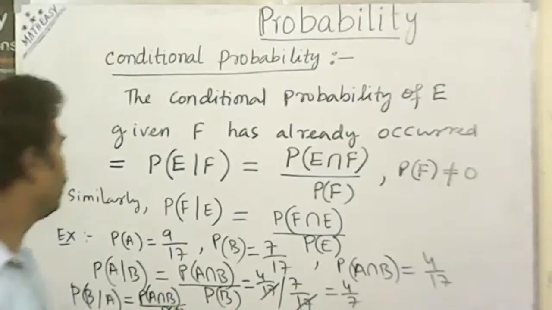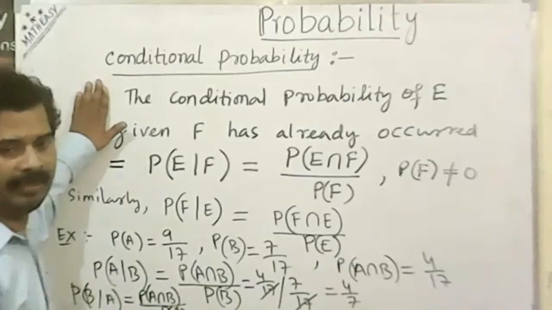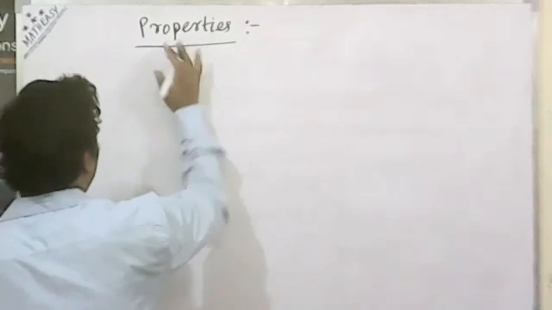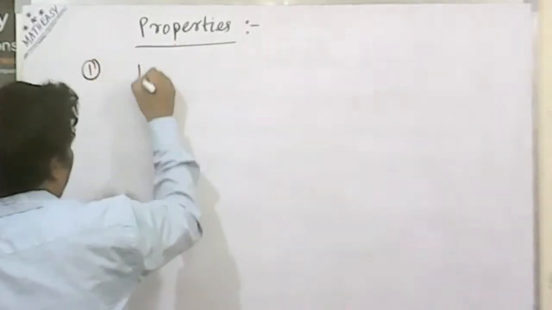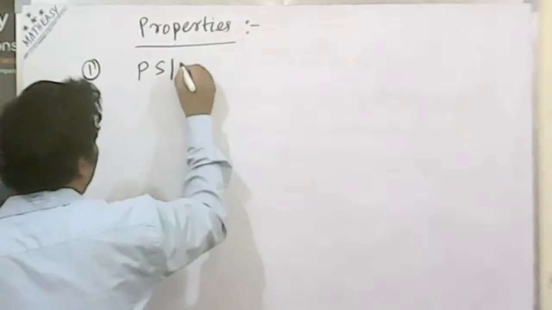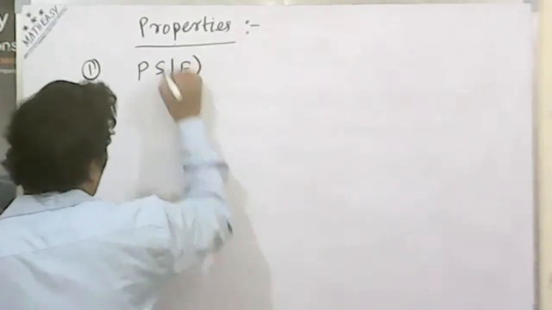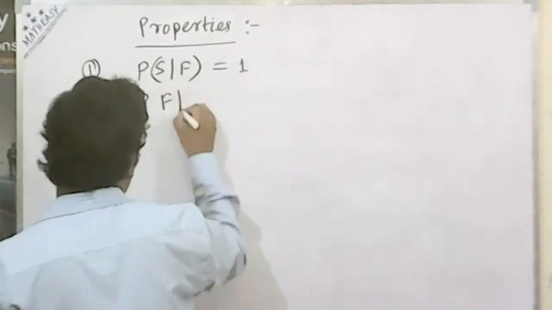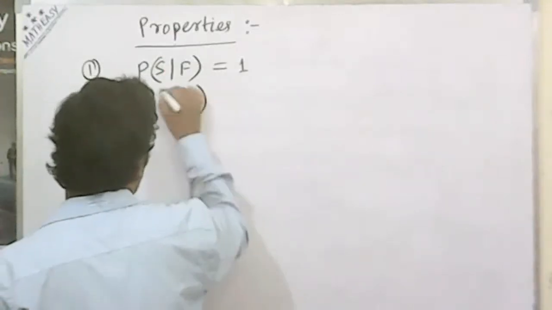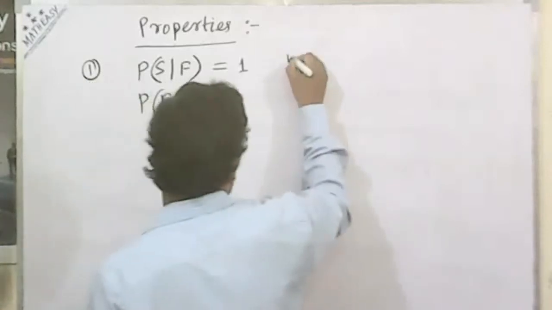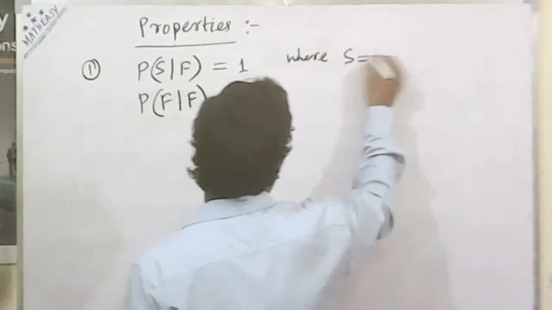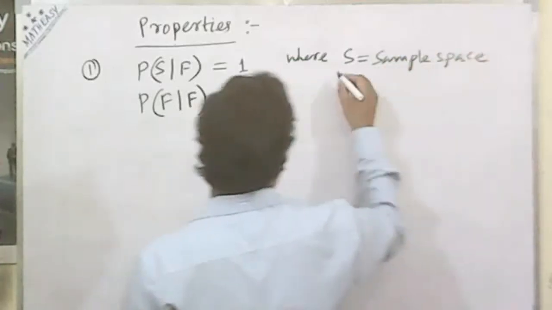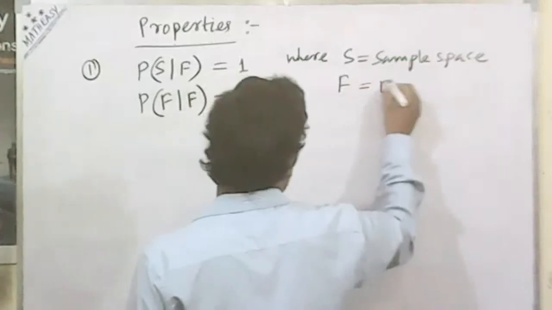So now we'll discuss the properties of conditional probability. Property number 1: probability of the sample space conditioned on the event F is equal to 1, and probability of event F conditioned on F is equal to 1, where S is a sample space and F is the event.